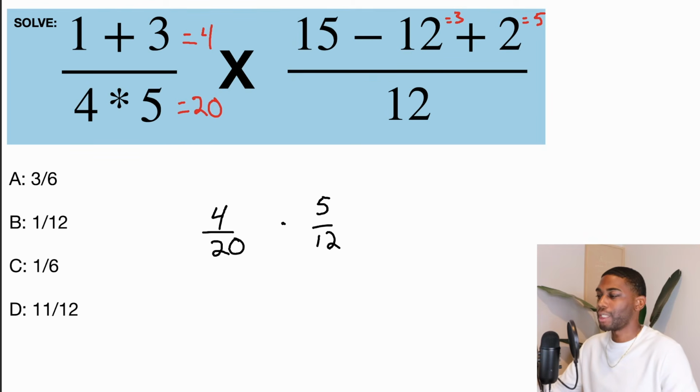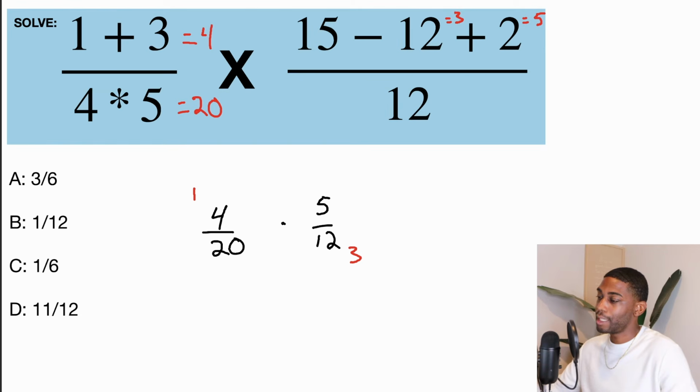What's the first thing that I'm going to look to do, ladies and gentlemen? Cross simplify. You got that right. What number goes into both 4 and 12? That would be 4 itself. 4 goes into 4 a total of 1 time. 4 goes into 12 a total of 3 times. Right? 3 times 4 is 12.